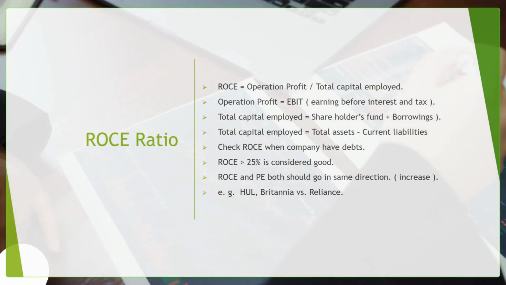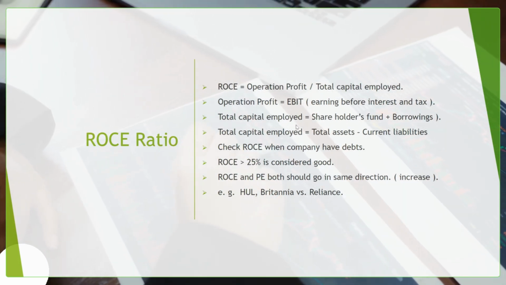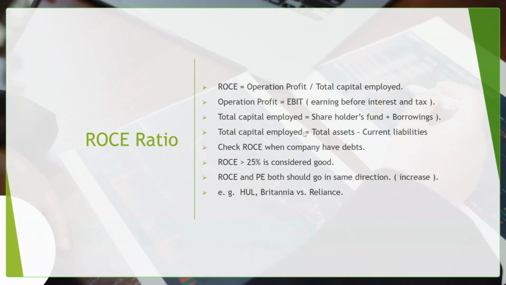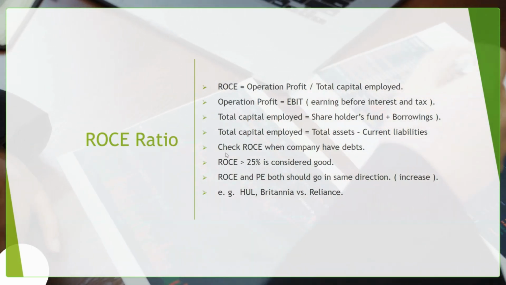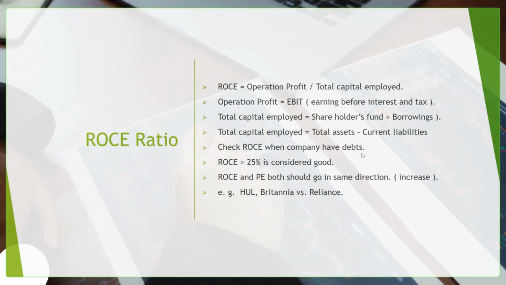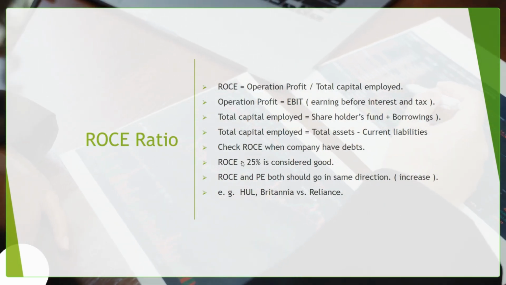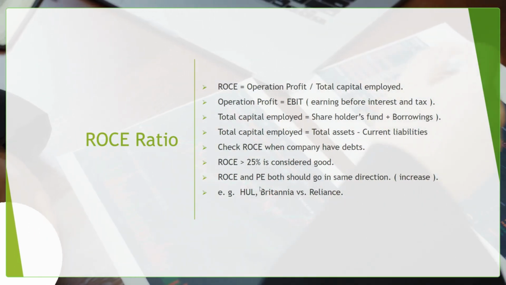Capital employed is the total amount of loan plus the company's money. This is the formula to calculate total capital employed. Check ROCE when the company has debt. When a company has debt, we should consider ROCE, and it should be more than 25%. ROCE more than 25% is considered good.